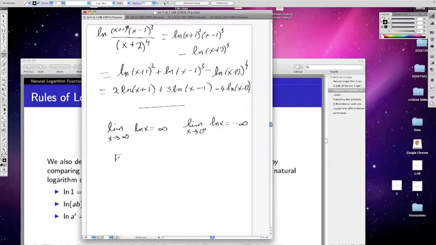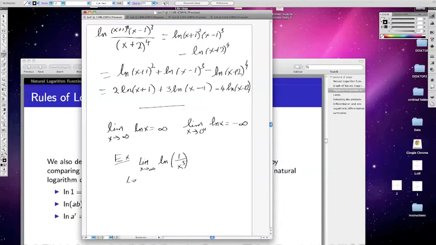For example, suppose I want to calculate the limit as x goes to infinity of ln of 1 over x cubed. Well, I have to find out what's happening to this 1 over x cubed as x goes to infinity.